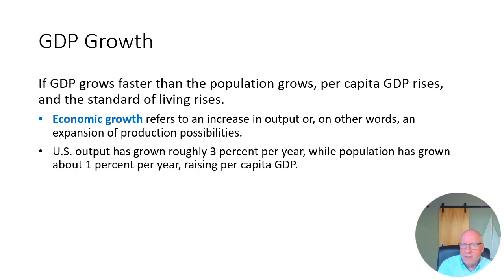Since essentially the middle of the Industrial Revolution, when it came to the United States, and the United States was very receptive to the Industrial Revolution, we've had this kind of growth now for 200 years. The population's been growing by about 1%. So the US has a rising per capita GDP, which means we have a rising standard of living.